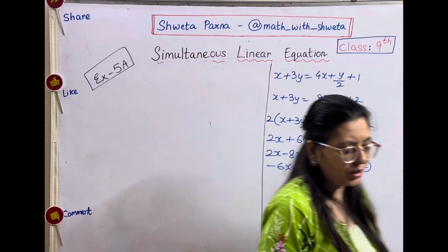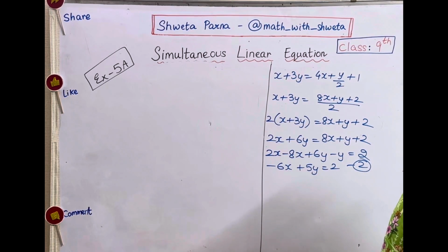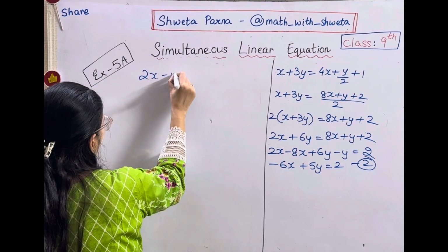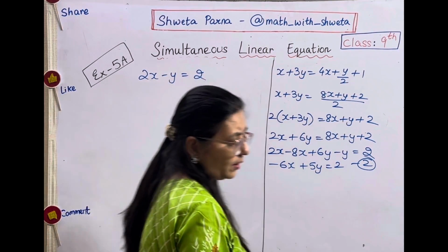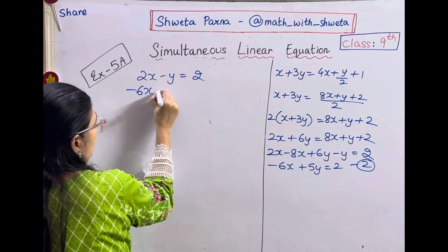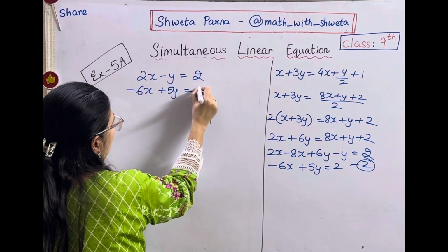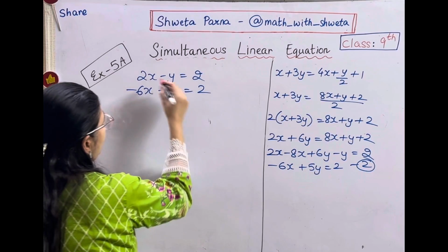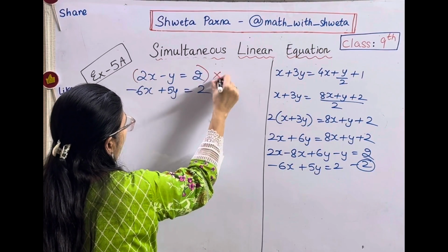You got two equations. Now let's solve these two equations and eliminate. 2x minus y is equal to 2. Minus 6x plus 5y is equal to 2. Now you have to eliminate. So what is the easier way? Multiply this entire equation by 3.